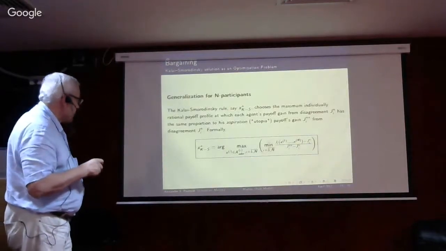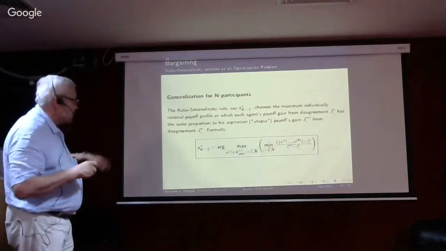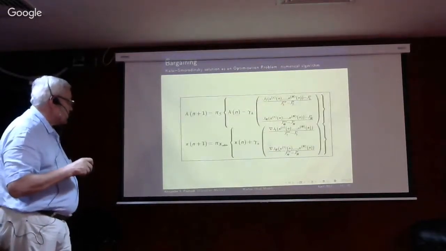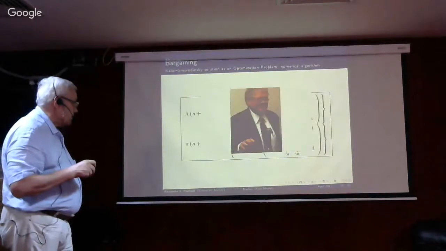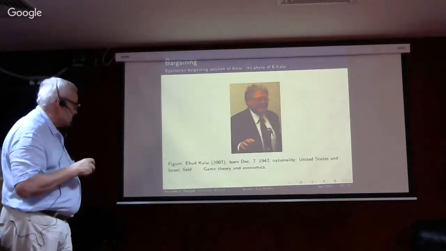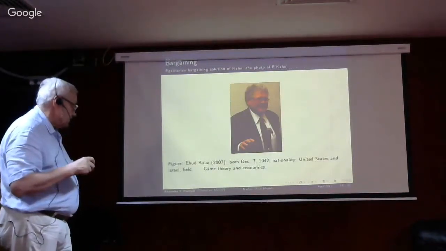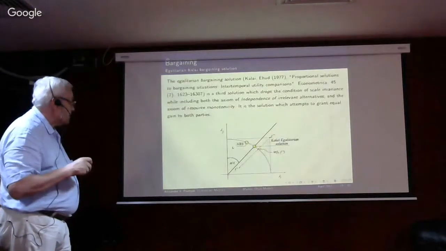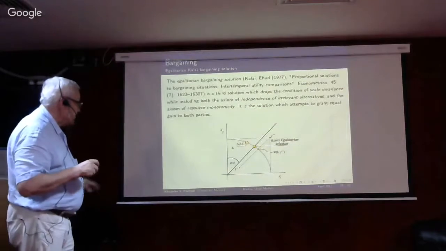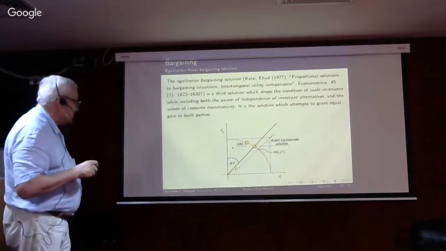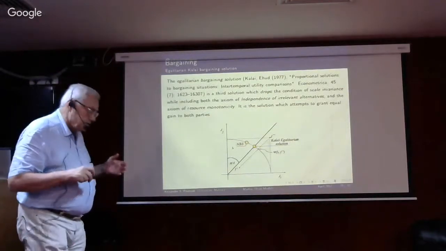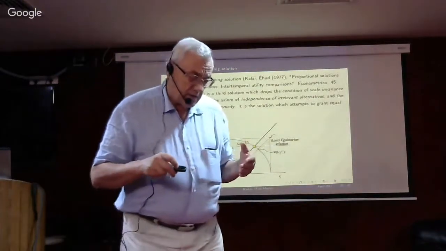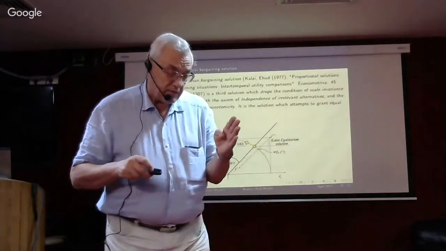So this is the description of this method. It's also possible. Mathematics. This is Kalai, Ehud Kalai. He's still alive. And this is Kalai equalization, a property of what Kalai said.